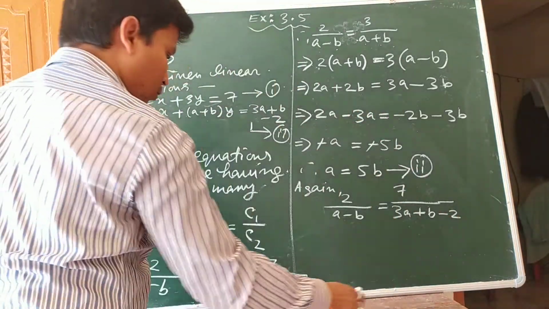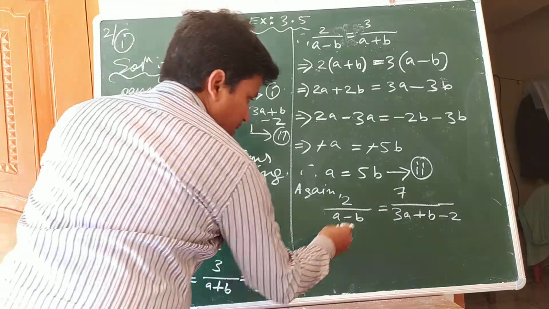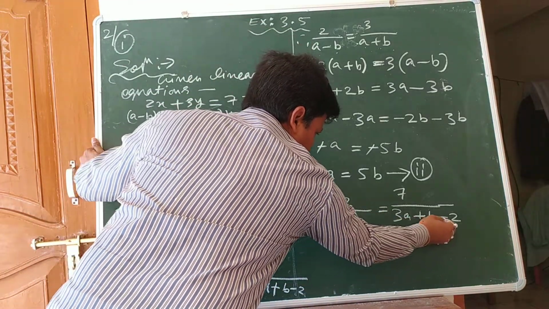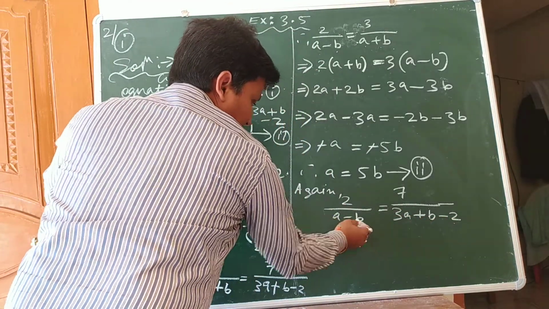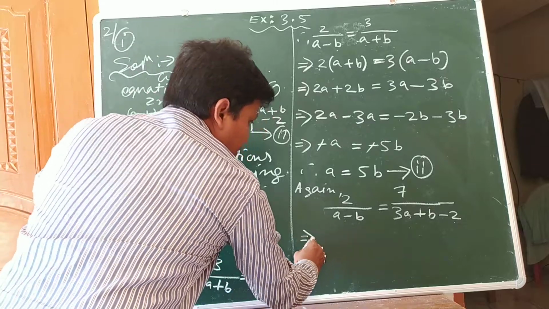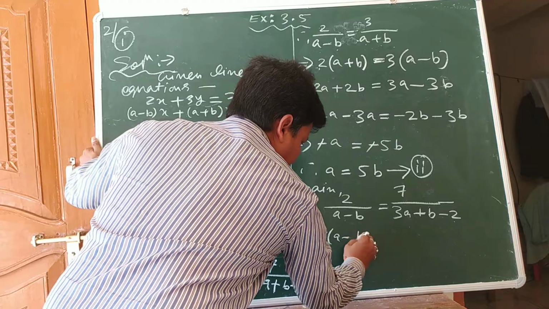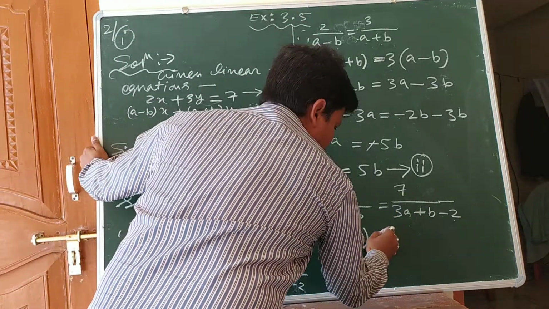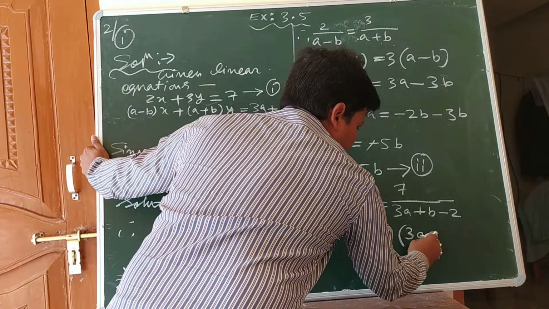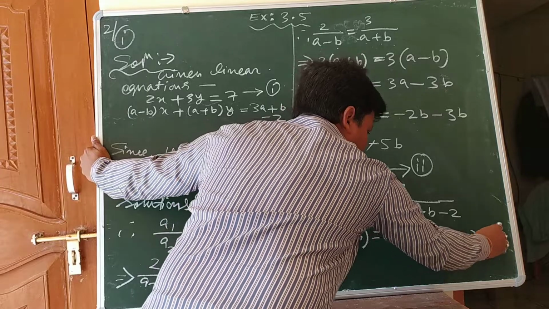Now again you do cross multiplication: 7 into a minus b, and 2 into 3a plus b minus 2.